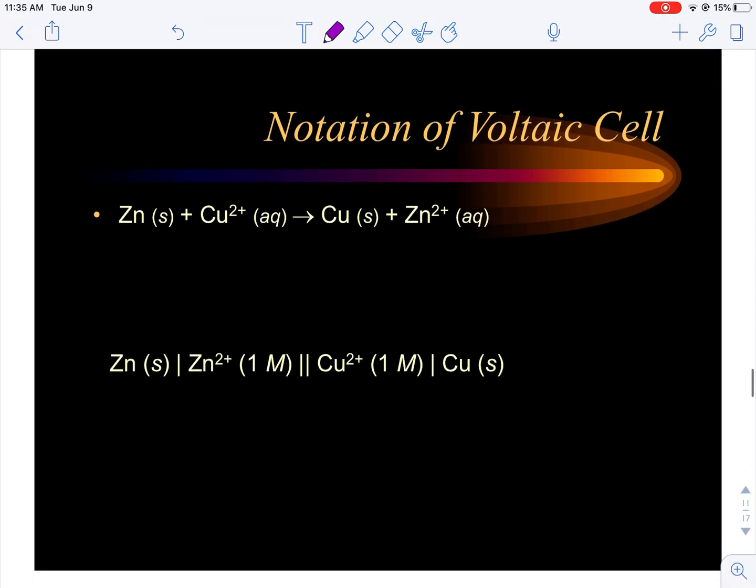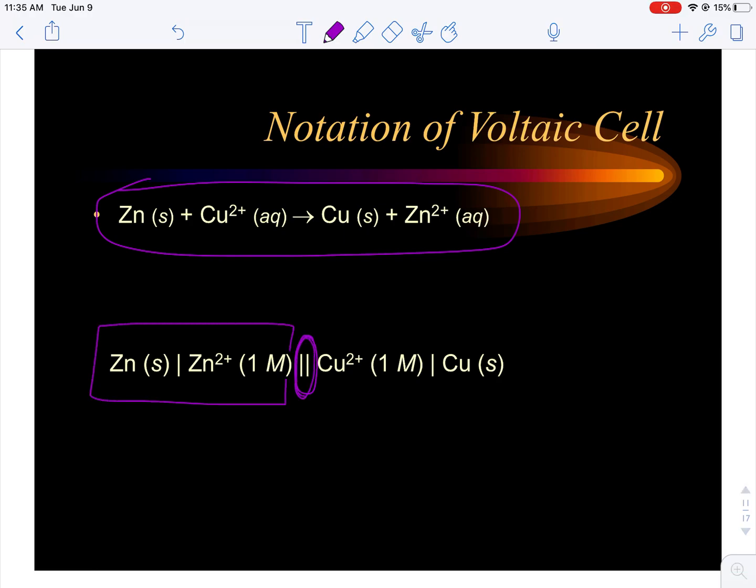So how is it that you're able to see these voltaic cells? Well, they could just look like a regular, ordinary single replacement reaction, or they could give you these straight up and down lines, right? Where this is sort of like your yield sign or your salt bridge, but they're telling you that this is taking place in one cell, and here's what we've got in the other cell.